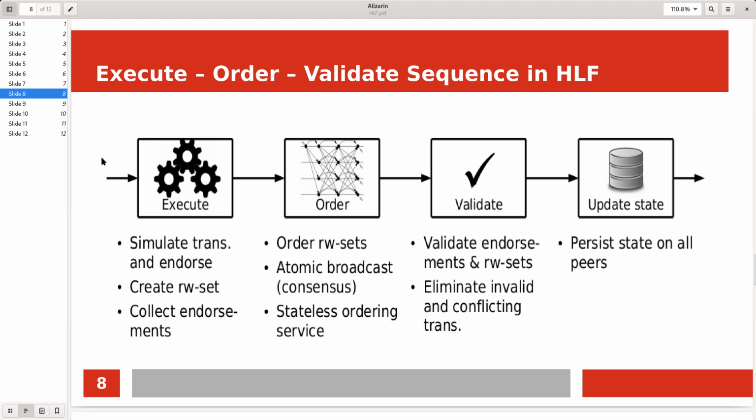Why this strange term, simulation? Because we still don't know what will actually happen with the result of this execution, whether it will eventually come to the point of updating the state. It may or may not. So smart contracts are executed or simulated, as the term says, in Hyperledger on a particular subset of nodes, a subset of peers, not on all of them.